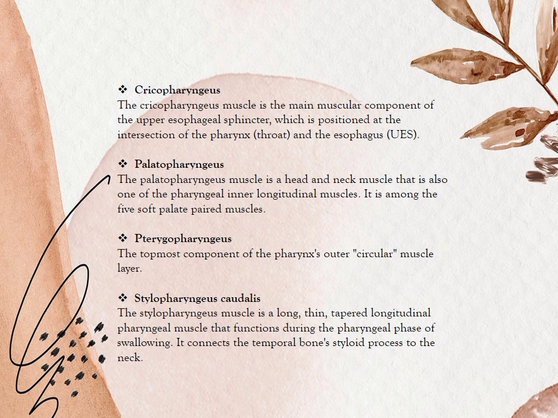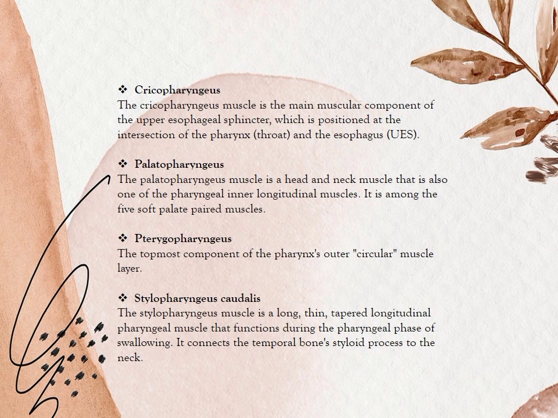So, for today's video guys, I will discuss the remaining parts of our report. It starts with the Stylopharyngeus caudalis. Is a long, slender, and tapering longitudinal pharyngeal muscle that operates during the pharyngeal phase of swallowing.